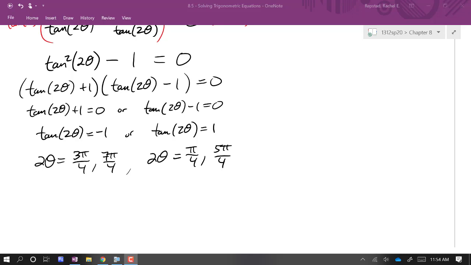Now when we found these values, we just looked at one go around the circle. Remember that if theta is going to go from 0 to 2 pi, 2 theta has to be allowed to go from 0 to 4 pi. So the way we're going to find the other values for 2 theta is to add a full revolution to each of these values. So we're going to add 2 pi to each of these values.